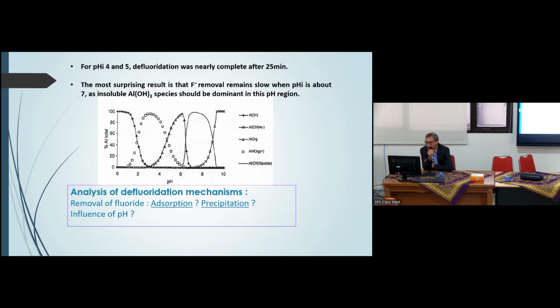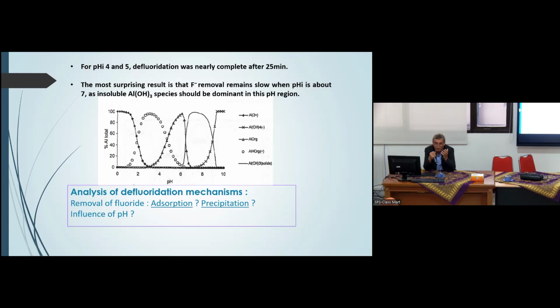This is the diagram in which we have, for example, more aluminum hydroxide at pH 7. But for pH 4, the fluoride removal was nearly complete after 25 minutes. The most surprising result for us is that fluoride removal remains slow when pH is about 7.